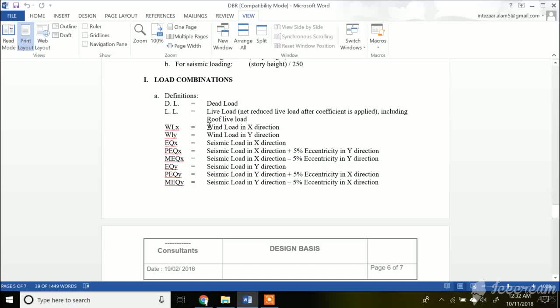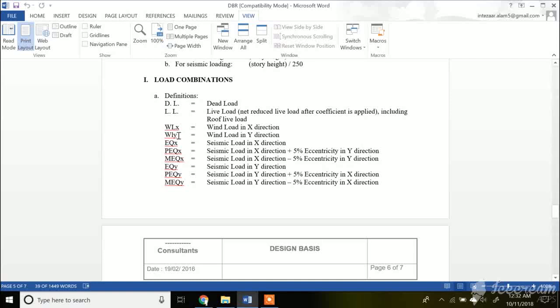Similarly, earthquake is a horizontal load, so it can take place in both directions, negative as well as positive, and in both longitudinal and lateral directions.